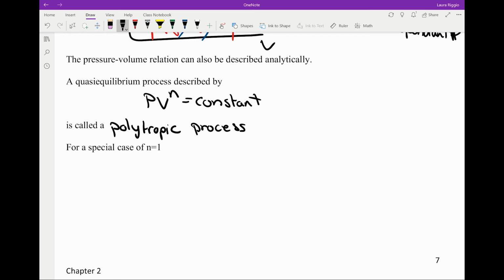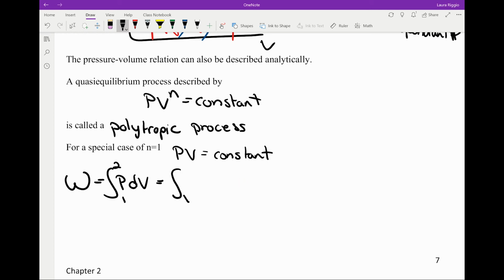And for the special case of n equals 1, we have PV equals a constant. And if PV equals a constant, our work is equal to the integral from 1 to 2 of P dV, which equals the integral from V1 to V2 of a constant over V dV, which equals a constant times the natural log of V2 over V1.